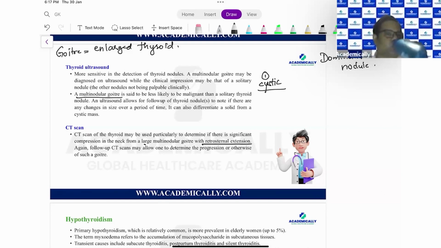Anybody can tell us? What trachea is it called?